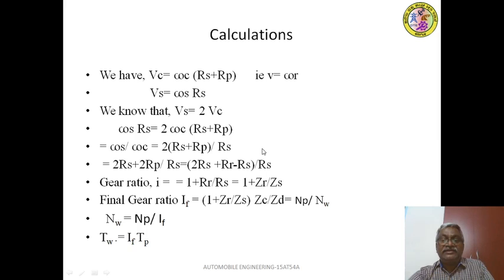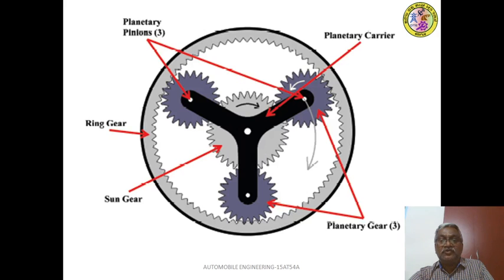That you can easily find from this diagram. 2Rp: from here to here Rp, from here to here Rp, that means twice the radius, 2Rp. This is 2Rp, is it not?